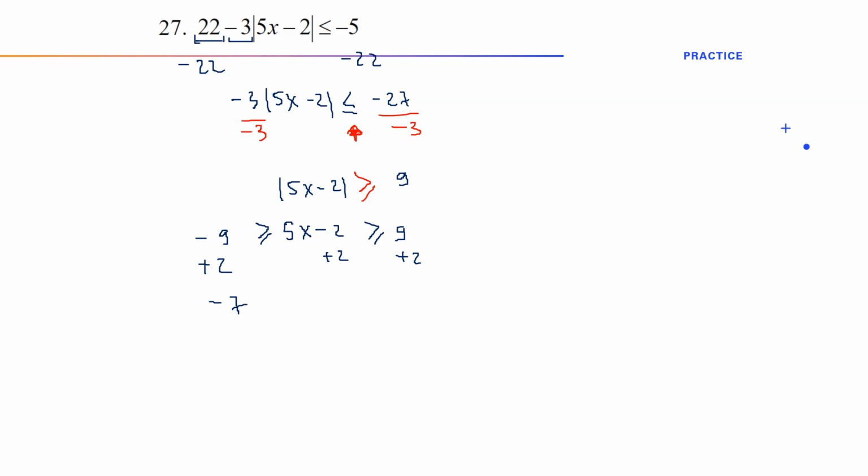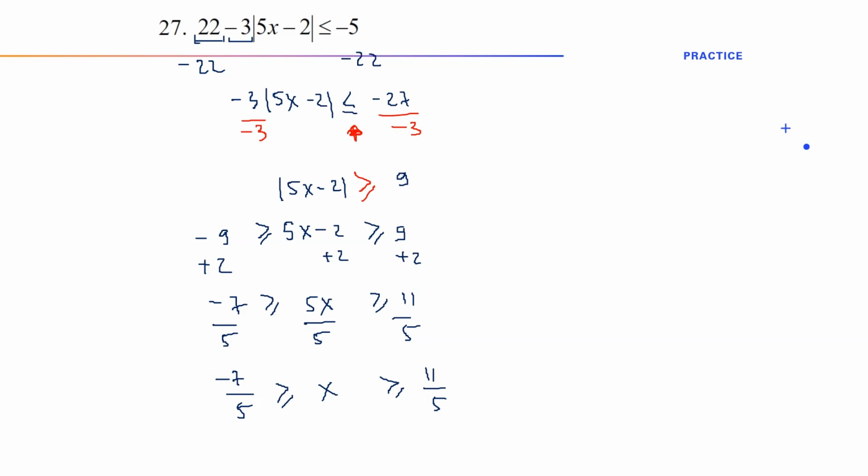That is negative 7, and then we have 5x and 11. So we divide by 5. We have negative 7 over 5 greater than x greater than or equal to 11 over 5.